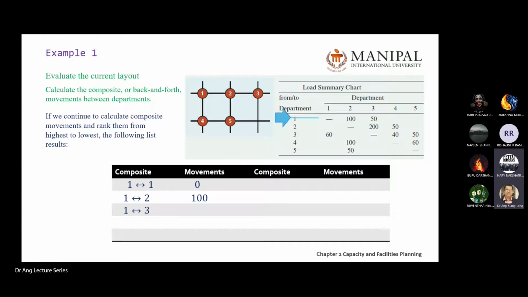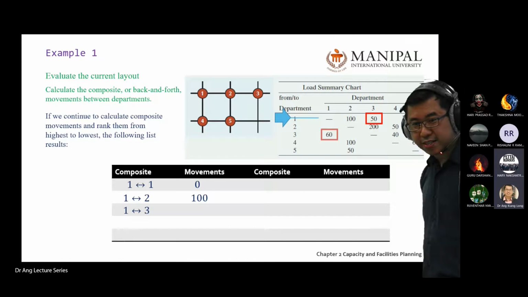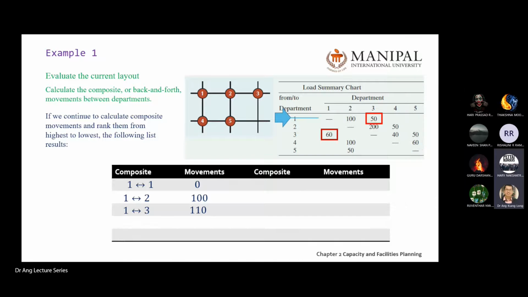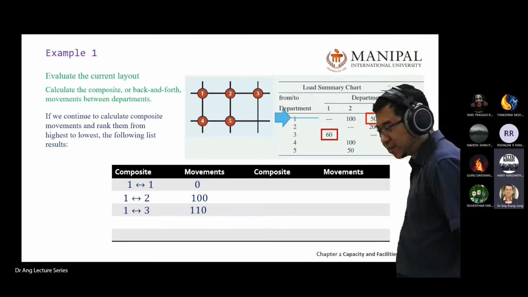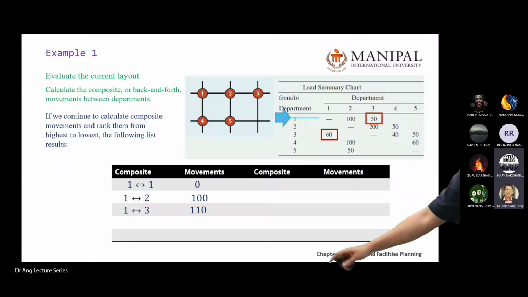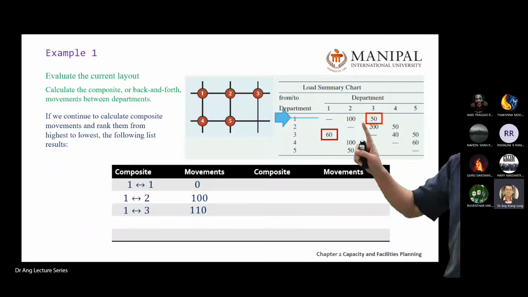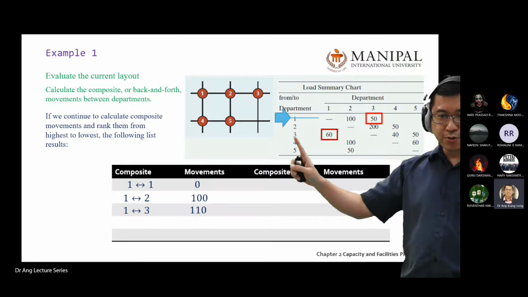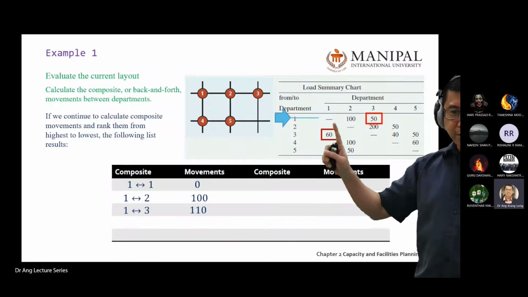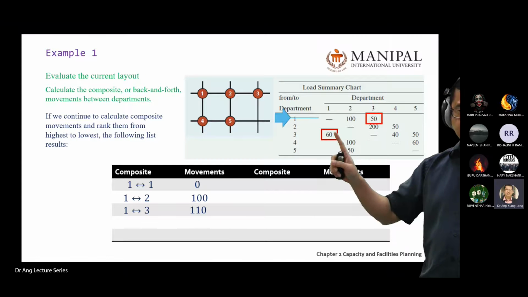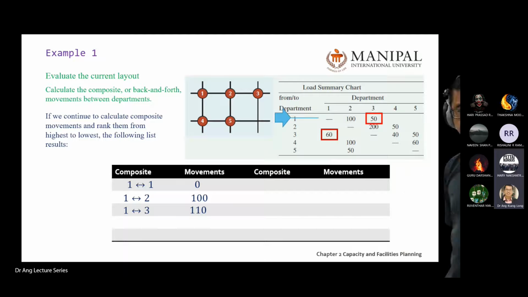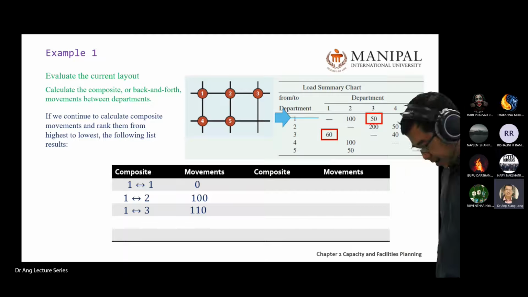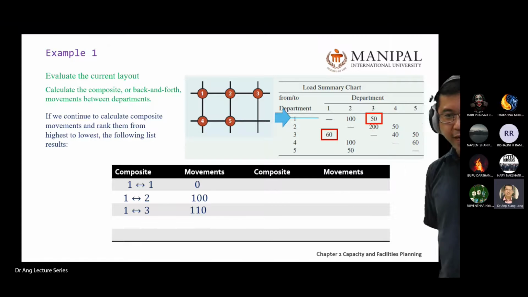Okay, add what? 110. Correct. The answer is 1 to 3 and 3 to 1. Yes, correct. The answer is 110, because you need to send 1 to 3, and remember, you need to send from 3 back to 1. So you get 60, 50, 60, 110. Okay, good. At least you are aware.